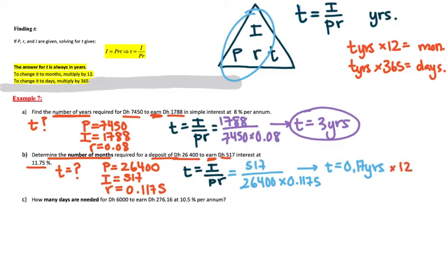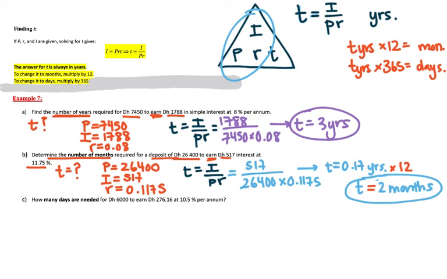So we'll multiply by 12, and we end up getting that t equals 2 months. Okay, so just be careful. That looks kind of funny, 0.17 years. Let me write that better. 0.17 years. Just be careful. If they ask for months, you have to multiply by 12 months in a year at the end.